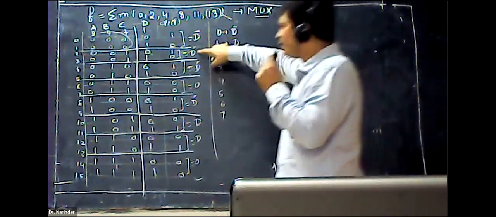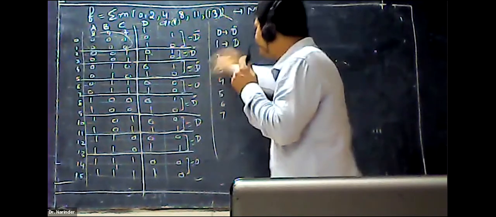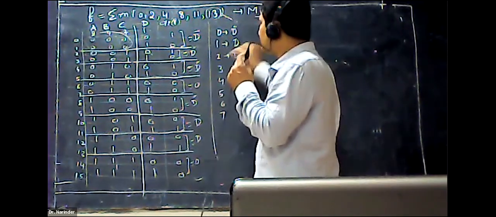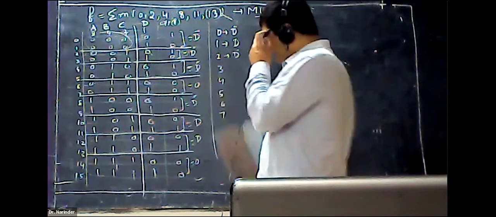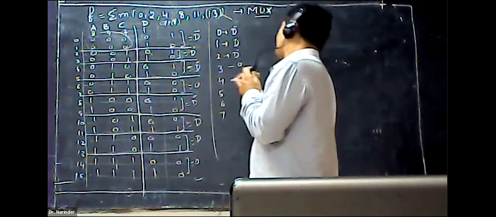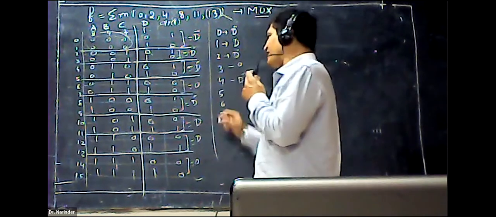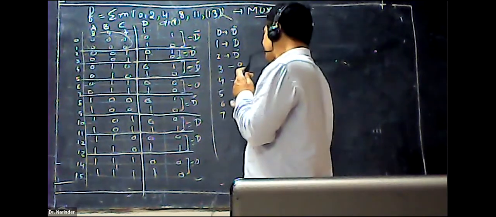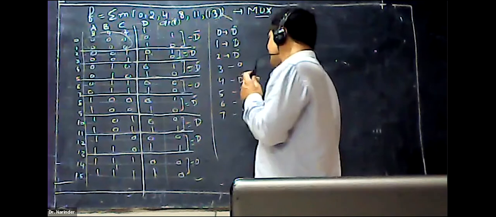0 is D bar. 1 is D bar. 2 is D bar. 3 is 0. 4 is D bar. 5 is D, 6 is D, 7 is 0.